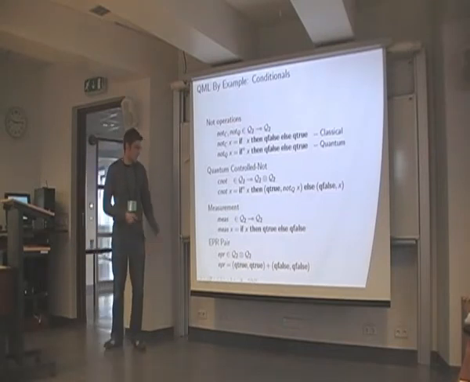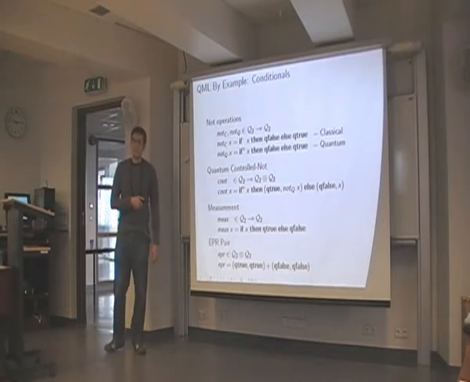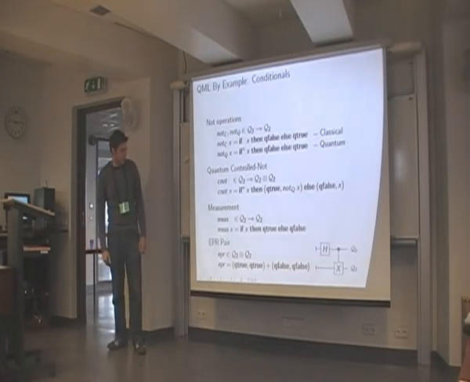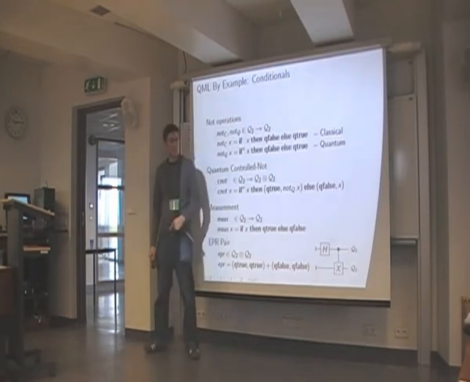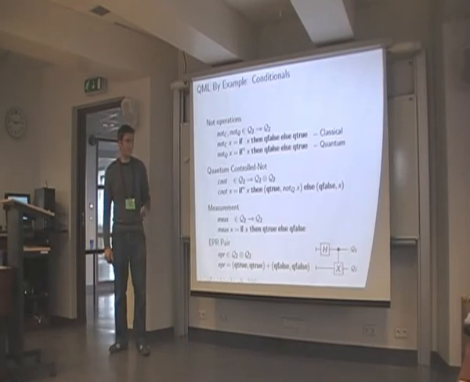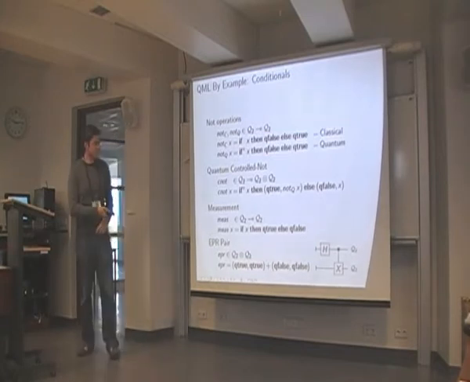And I'd already given you the code earlier, but now I'll show you how these are evaluated by the compiler, what the output is of the operational semantics. For the EPR pair, it is the circuit we'd expect. It takes 2 qubits of heap as input, applies the Hadamard on the false, and then applies a control not operation to output the standard EPR pair.